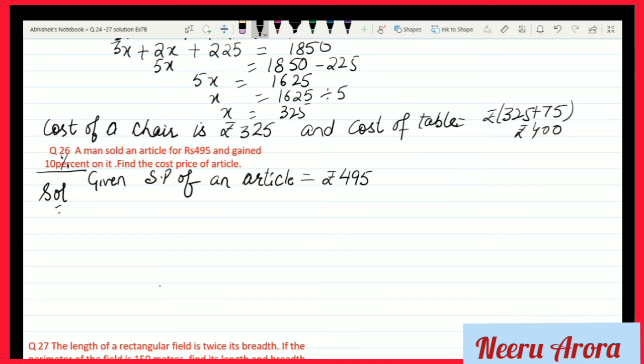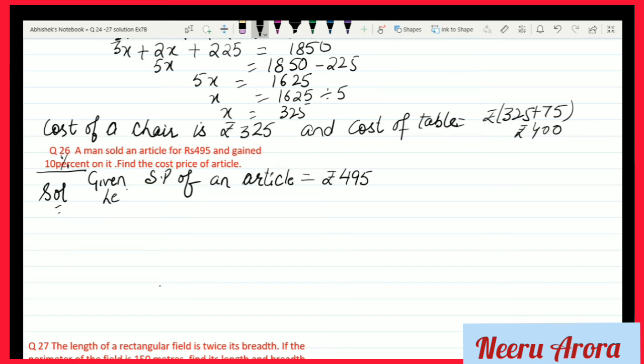Find its cost price. We know the selling price of the article and the gain of 10%, but we don't know the cost price. But we know that gain is always calculated on the cost price. So here the unknown quantity is the cost price.